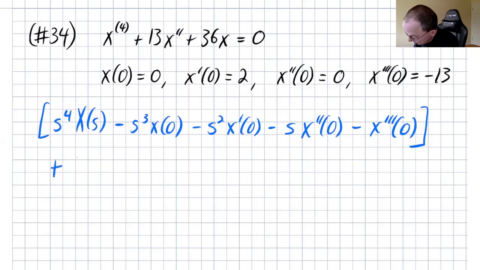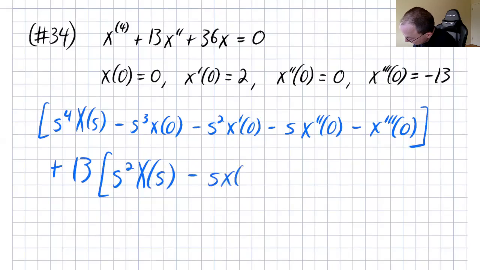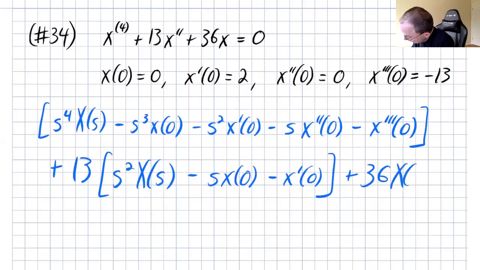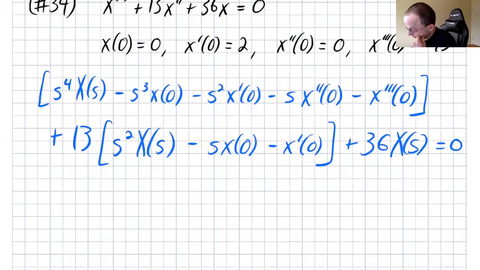Okay, so then plus 13 times s squared X of s, minus s x of 0, minus x prime of 0, and then plus 36 X of s, and then the right-hand side is 0. So the Laplace transform of that is 0.